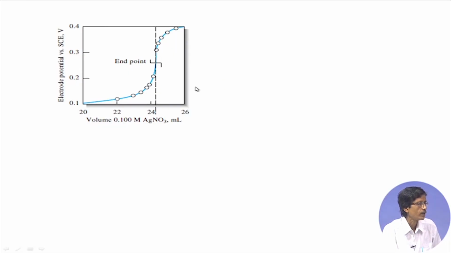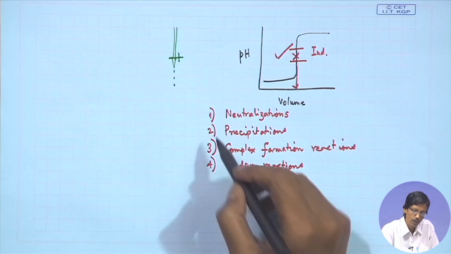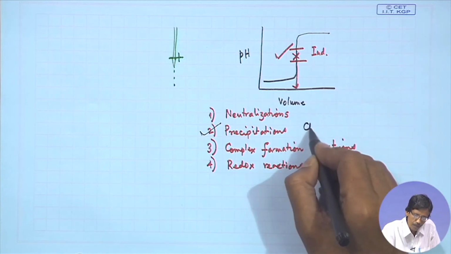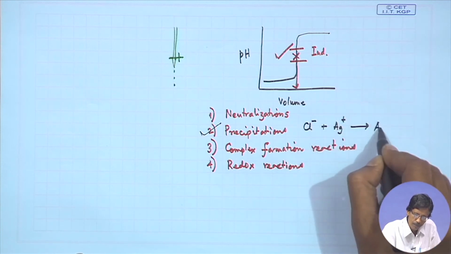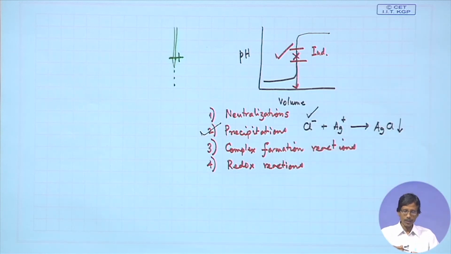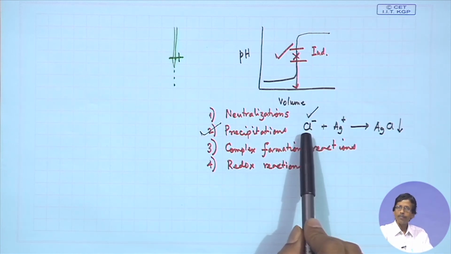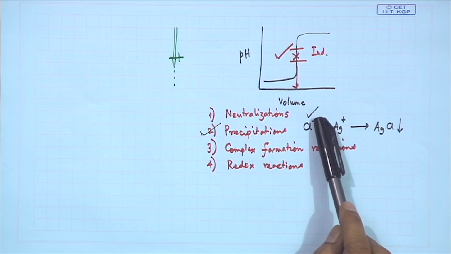So, this is the end point, and you have the volume and you measure the quantity. If we have the precipitation titration, that means the second titration we are talking about, the titration of Cl minus by a silver nitrate solution, the silver ion giving rise to the precipitation of silver chloride, so that you determine the unknown concentration of chloride ion, which is also a very vital component of any sample, like any industrial sample or any biochemical or biological sample, even in our blood fluid.